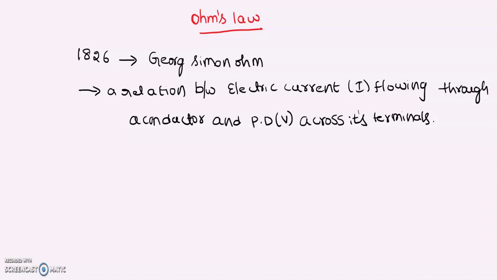This is the relationship between the current and potential difference across its terminals. This relationship is known as Ohm's law.